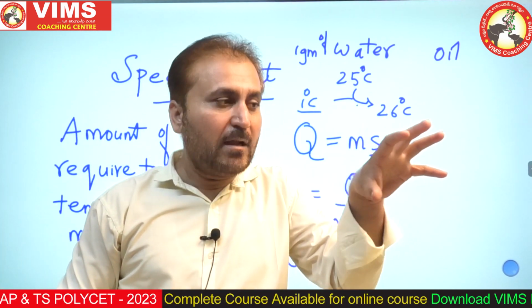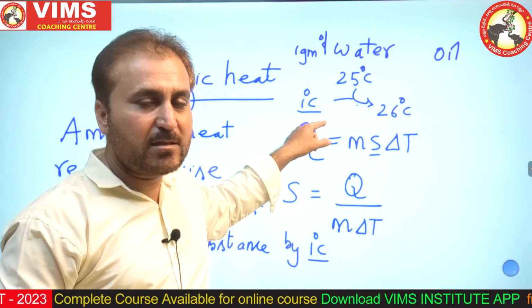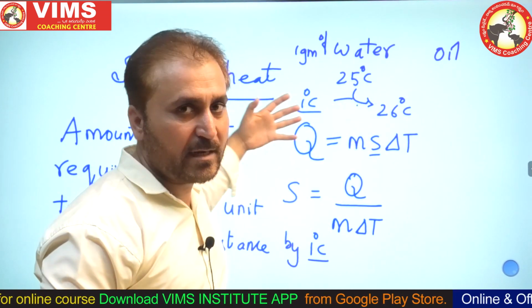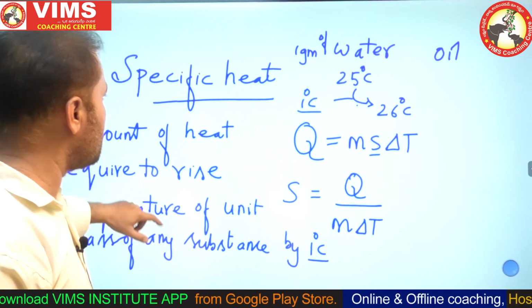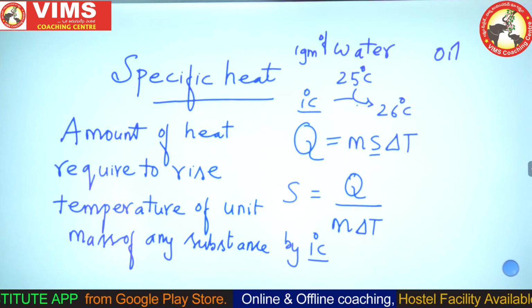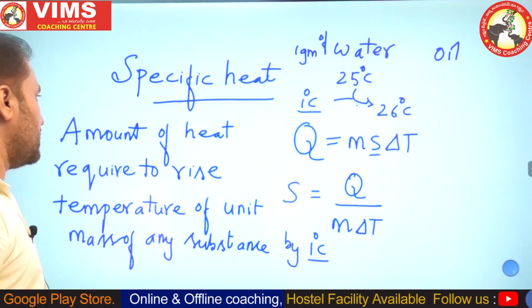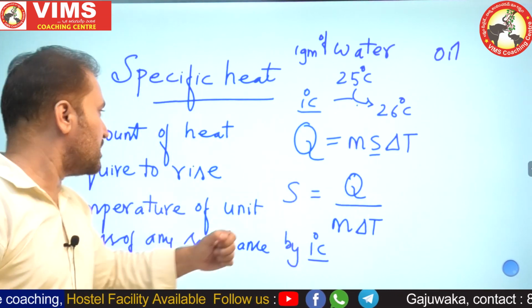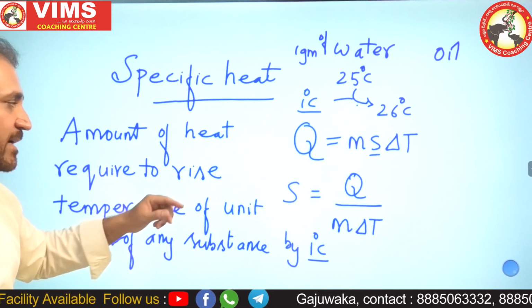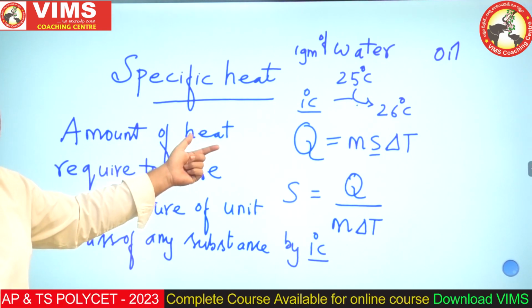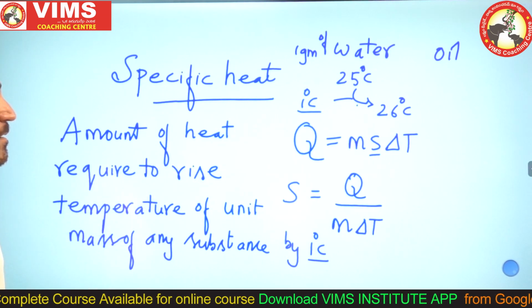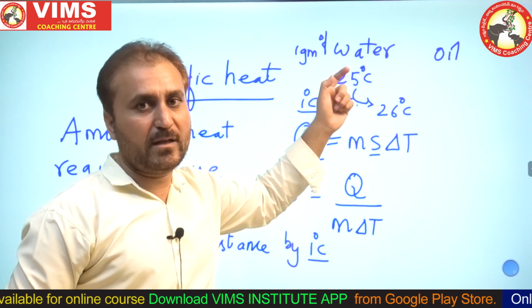To bring about that 1 degree Celsius difference, I need to supply heat. That heat is called specific heat. What is specific heat? The formula says Q. What does Q stand for? Amount of heat or quantity of heat. Amount of heat required to rise the temperature. What is the temperature of water? 25.